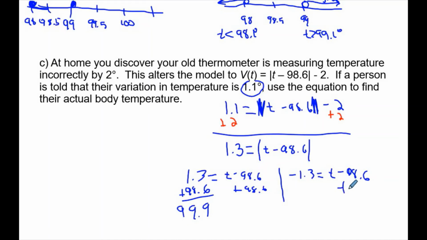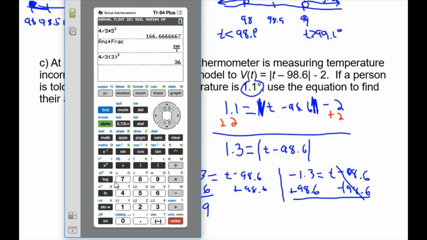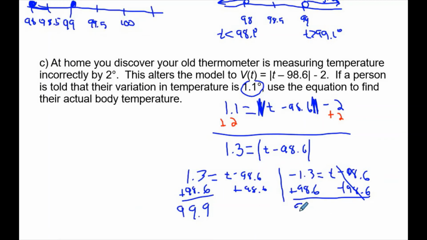Then if I add 98.6 over here, now this one's a little bit confusing because it's a negative one, so we're definitely going to break out the calculator. So negative 1.3, again, you could use Desmos or use a Casio or whatever you prefer. So this lower range of temperature is 97.3. So that would be the lower range, and this would be the upper range.